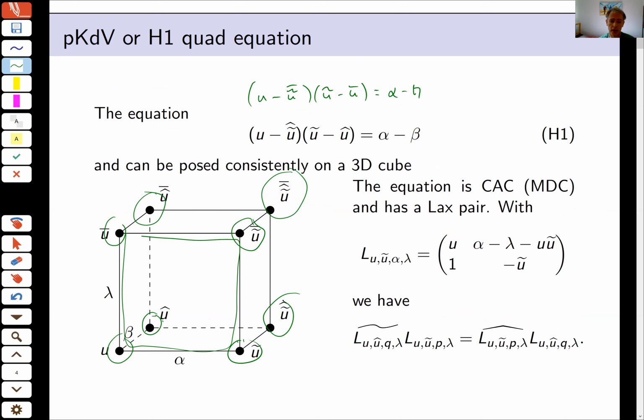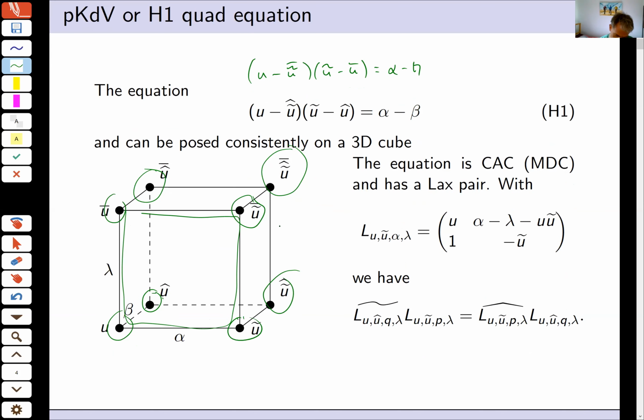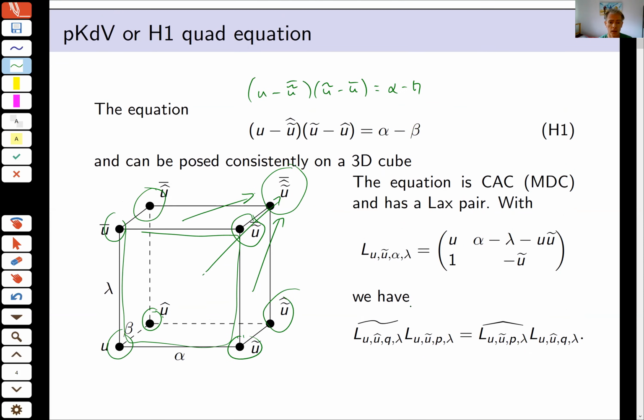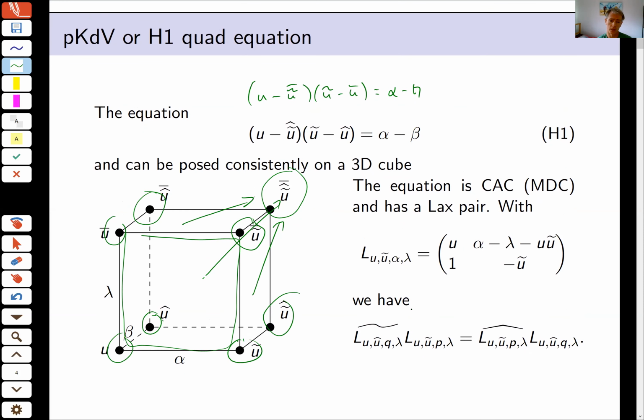And then we have three ways of calculating this quantity, either from the right face or the top face or the back face, and all three have to be equal. And then we say that this equation, or this system of 6 equations, is consistent around the cube.